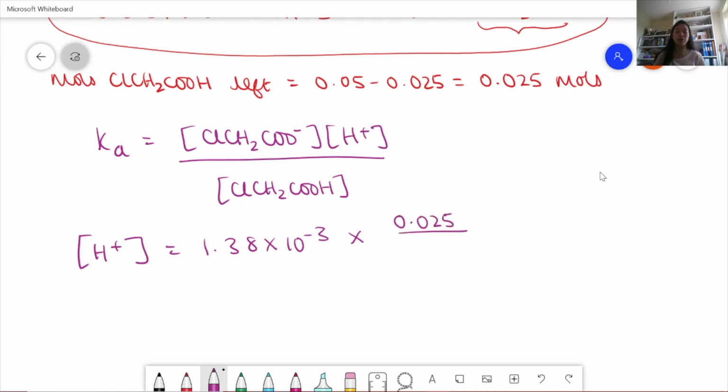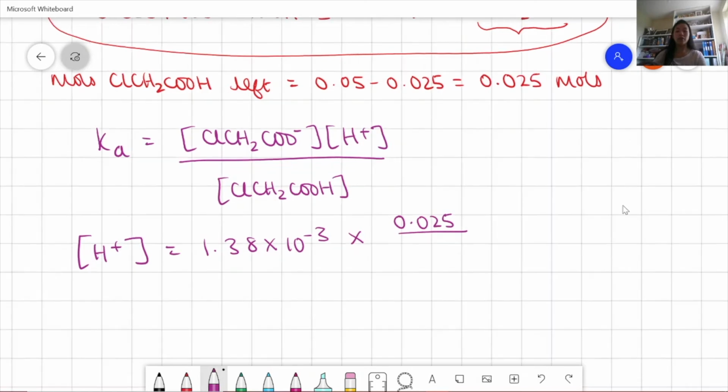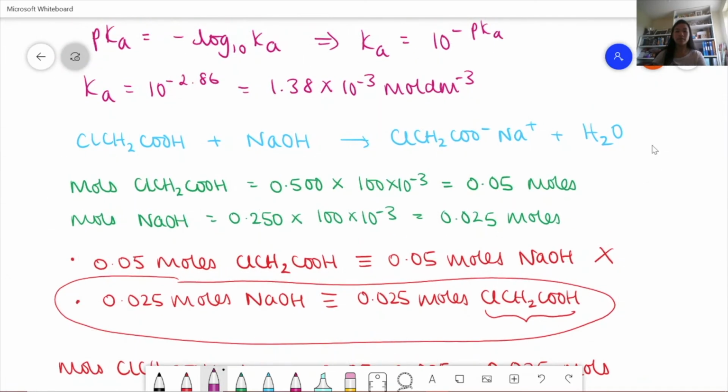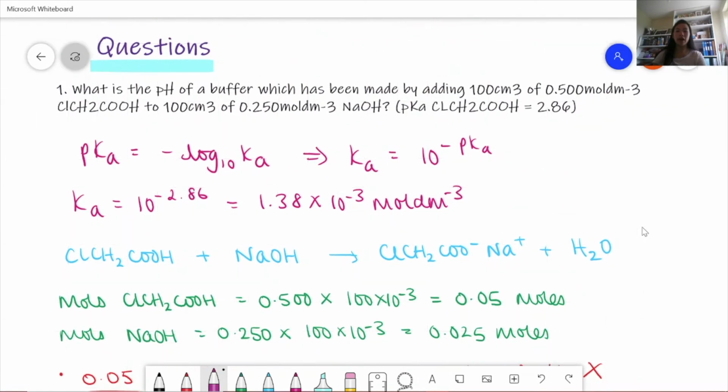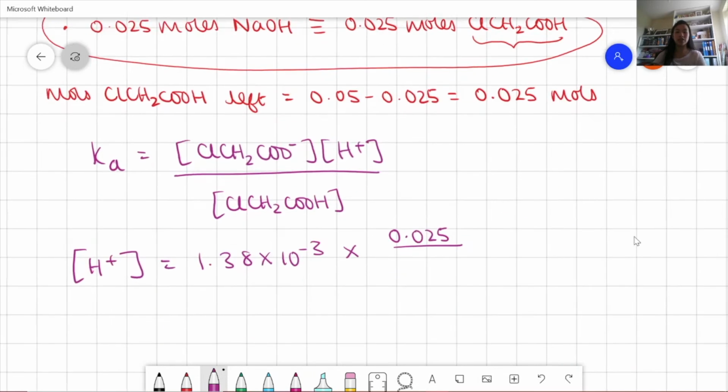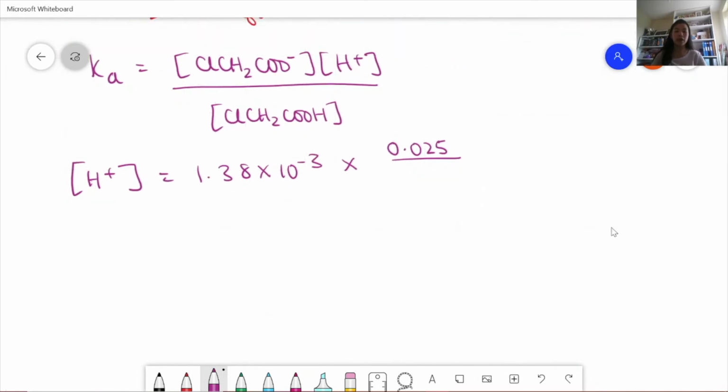But then you have to put it over the volume of the buffer. And so the total volume of the buffer is we're adding 100 centimeters cubed to another 100 centimeters cubed. That means that the total is 200 centimeters cubed. So we have 200 times 10 to the minus 3. And this is over the concentration of the ClCH2COO minus ion.